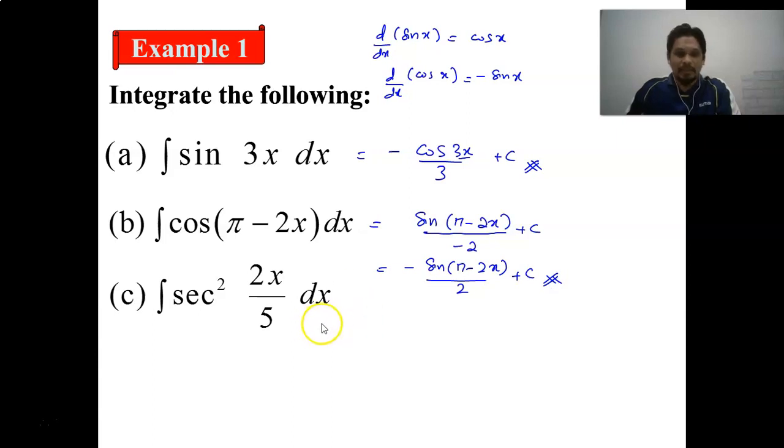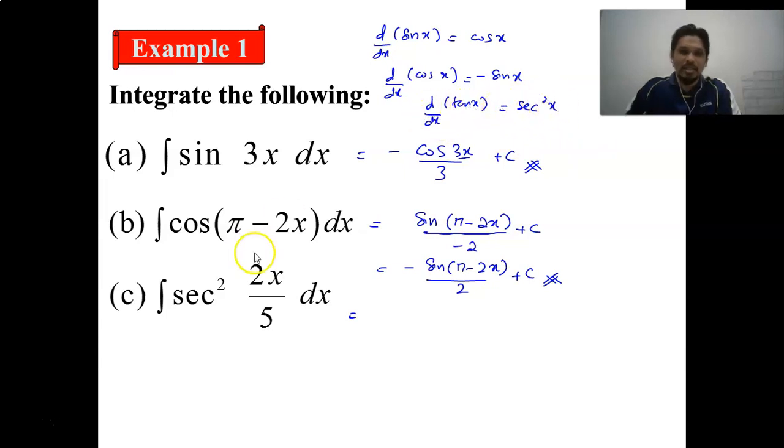Okay, what about this one here now? Differentiate tangent x equals secant square x. The derivative of tangent x equals secant square x.